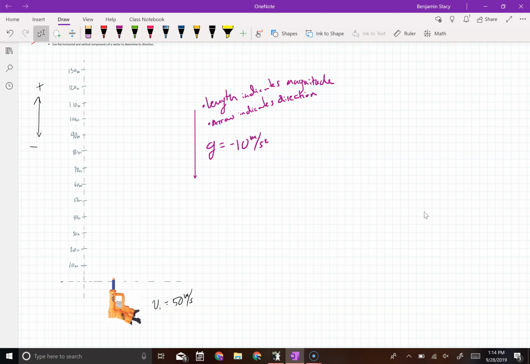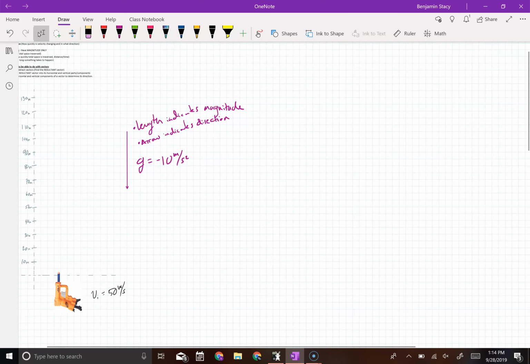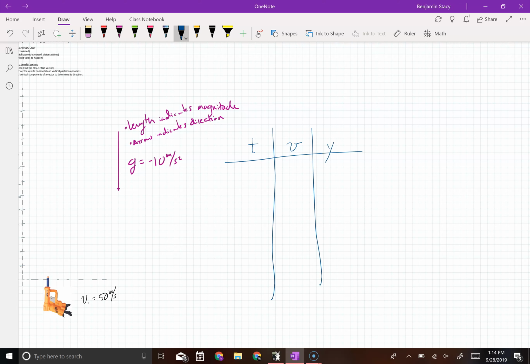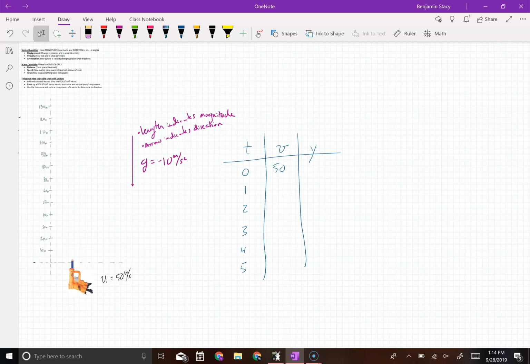So we'll do a little table quickly over here, because some people approach solving problems on the test with a table. So we could do that. Let's say we have a table with time, velocity, and position. And let's say we have 0 seconds, 1, 2, 3, 4, 5. And our velocities we know at 0 seconds, that's when it's leaving the barrel of the Nerf gun, 50 meters per second.